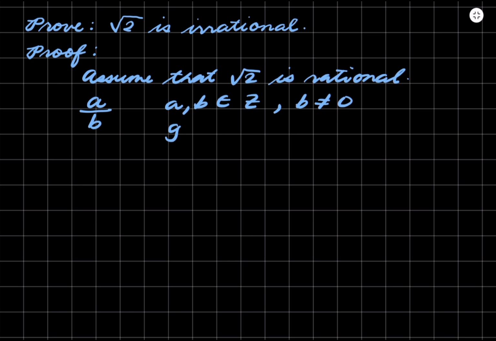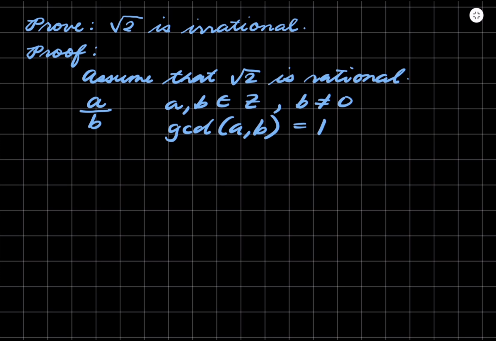Another condition is that the GCD of a and b must be equal to 1. So they must be relatively prime. In other words, we assume that the fraction is in lowest terms, meaning a and b have no common factor other than 1. Okay?